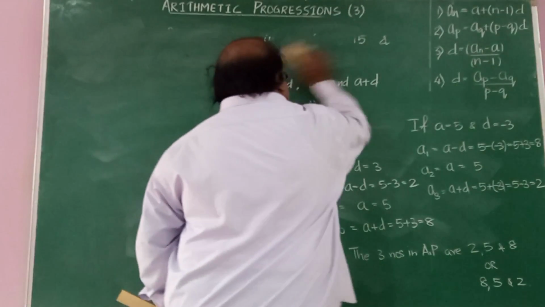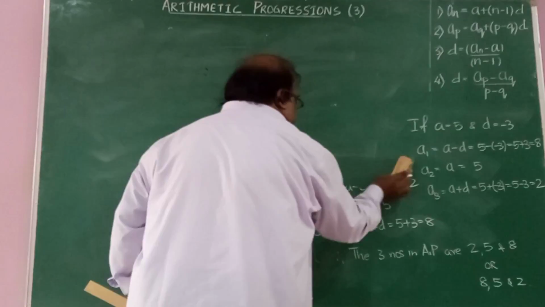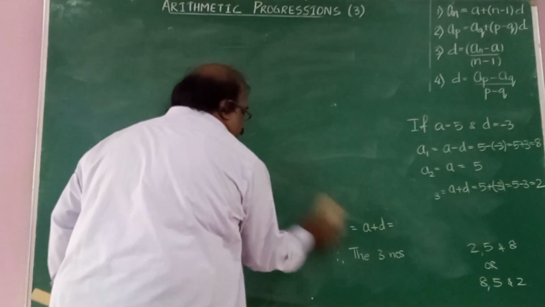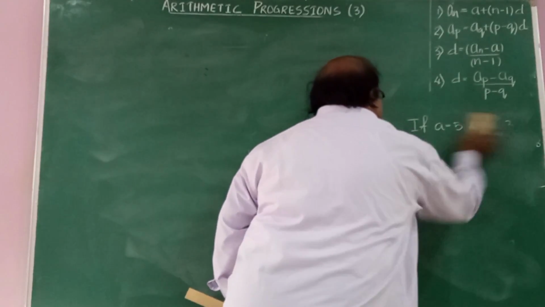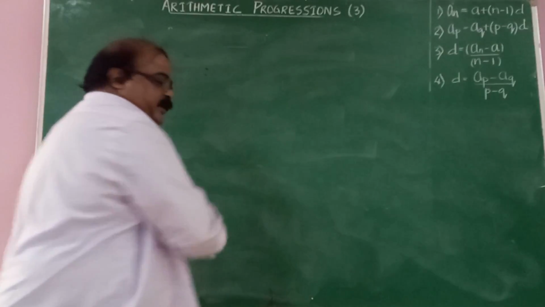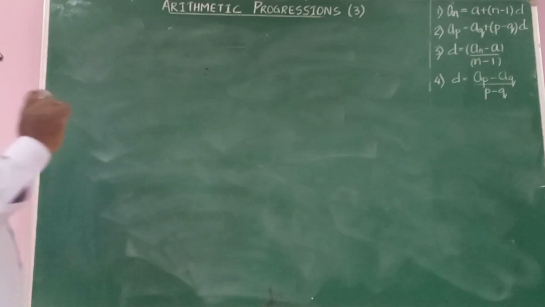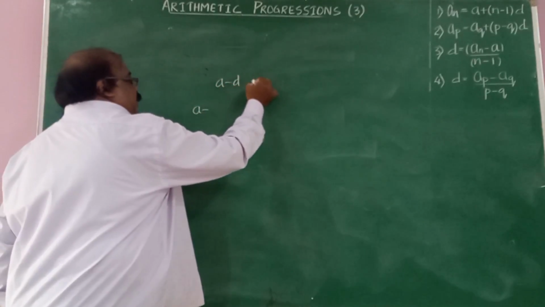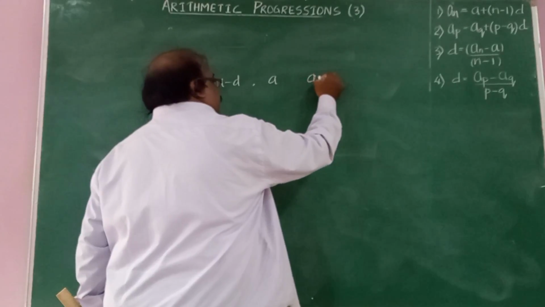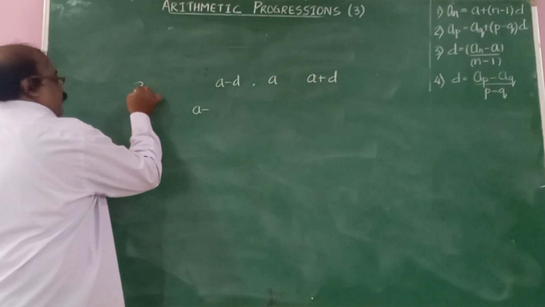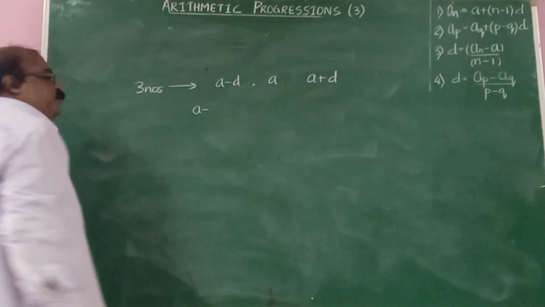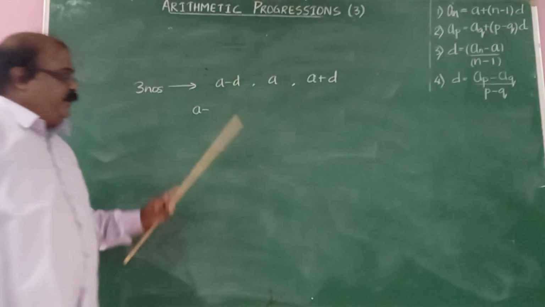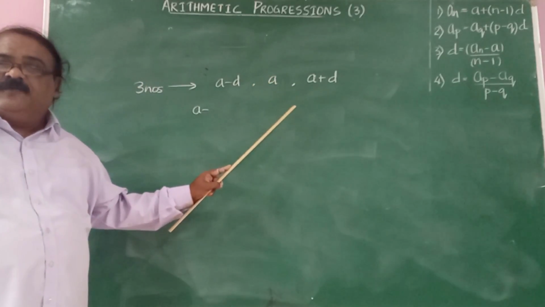A minus D, A and A plus D. Always remember, whenever 3 terms are in arithmetic progression, assume the 3 numbers to be A minus D, A and A plus D. Why? When you add, plus D and minus D are eliminated, you get the value of A.